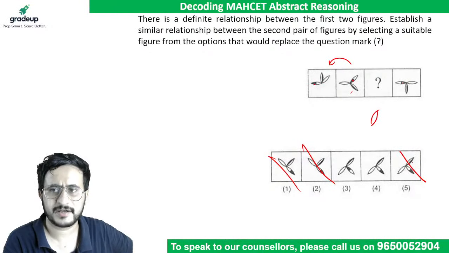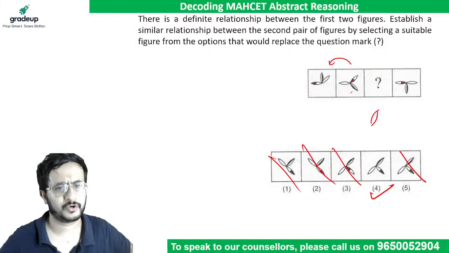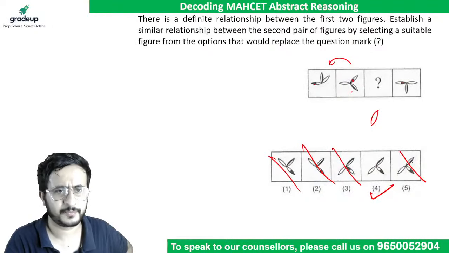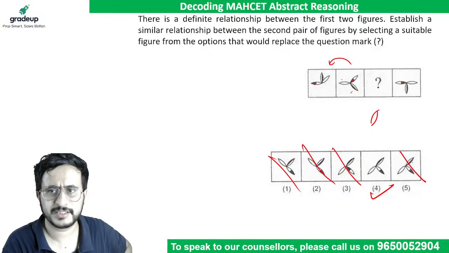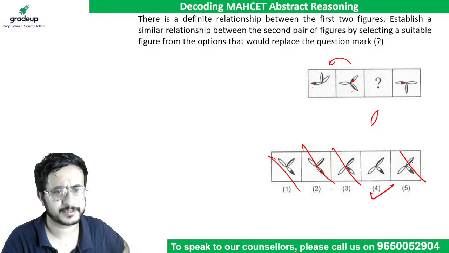So in this case, the outer half should be shaded. So that is option 4. So close observation of all the elements. Is the confusion clear why it will be option 4? Because if you see these two, inner portion, outer portion, inner portion, so outer portion should be shaded in this.